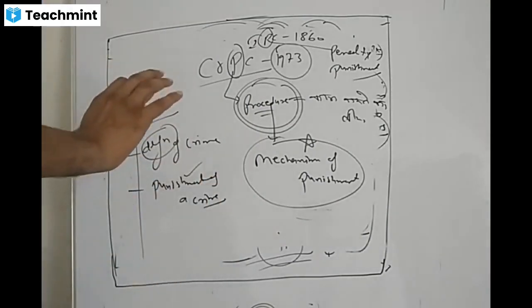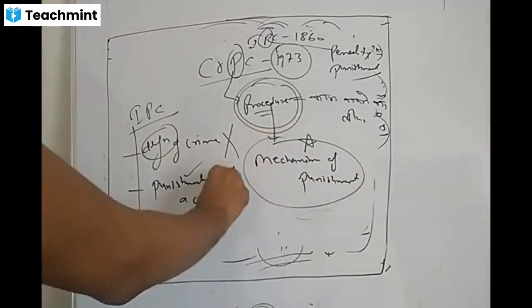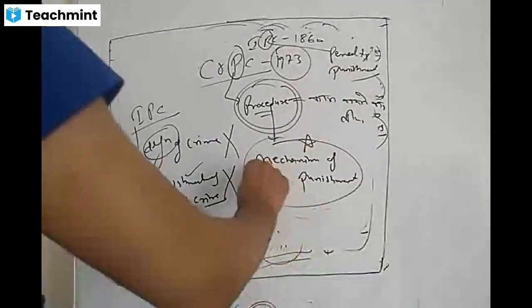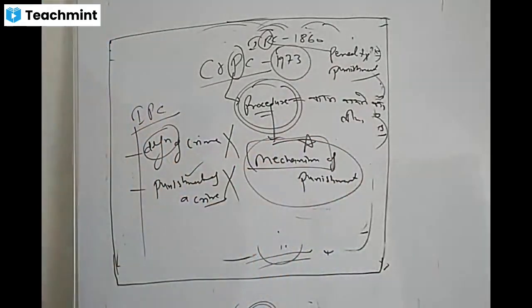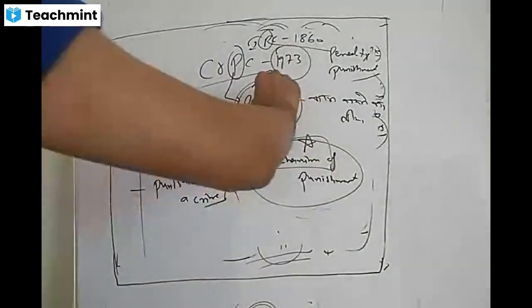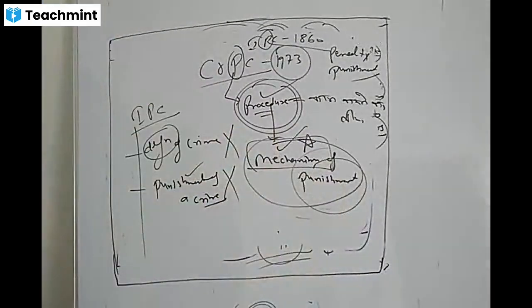So in case of IPC, definition and punishment is given. But in case of CRPC, no definition, no punishment. So what is given? It is the mechanism. How to punish, the procedure, the mechanism of punishment. This is the difference between IPC and CRPC.